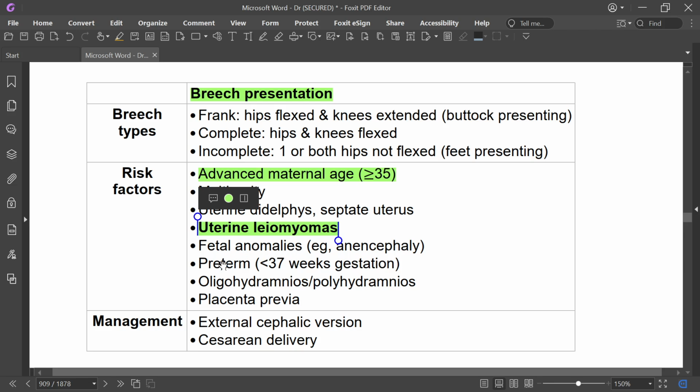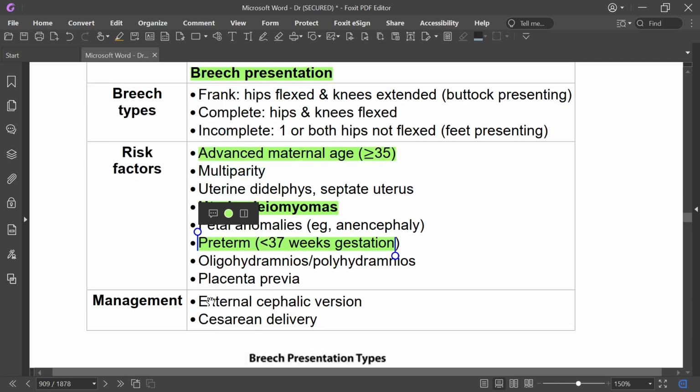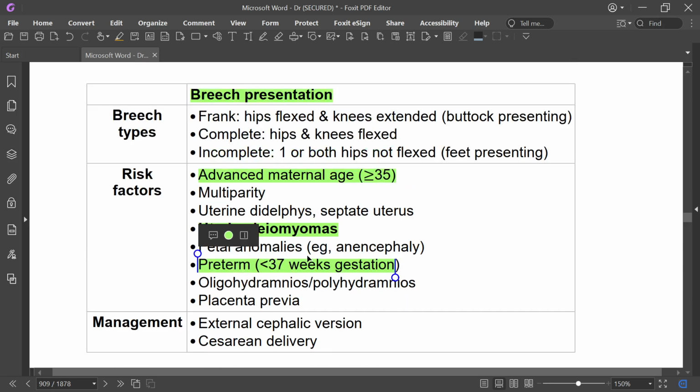Preterm, less than 37 weeks of gestation, oligohydramnios or polyhydramnios, and placenta previa are also risk factors for breech.